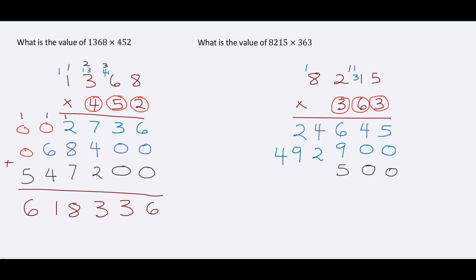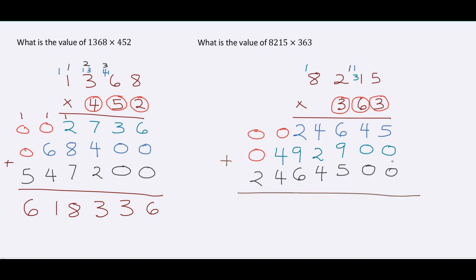We carry up 1. 1 multiplied by 3, we have 3 plus 1, we have 4. 2 multiplied by 3, we have 6. 8 multiplied by 3, we have 24. So now we're going to fill up all the blank spots with zeros. So I'm going to put a 0 here, then 0, 0. And then we're going to add them together.